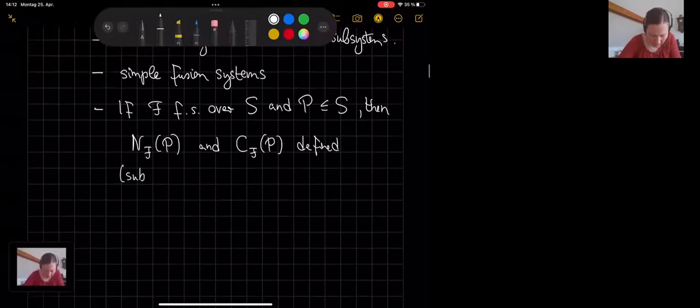These are subsystems over the normalizer in S of P and the centralizer in S of P, respectively.